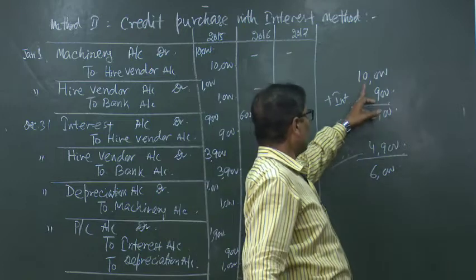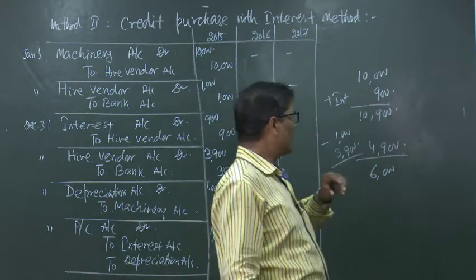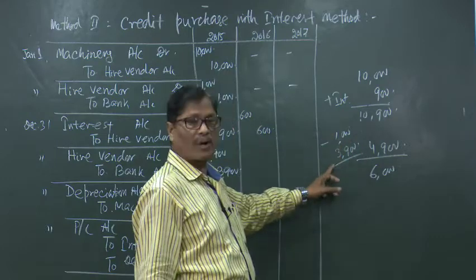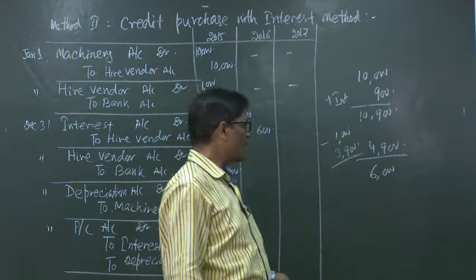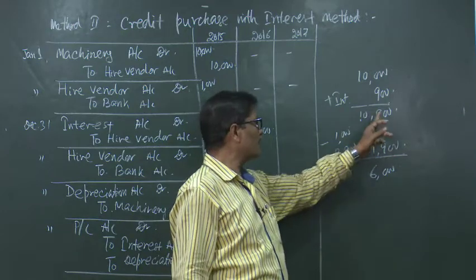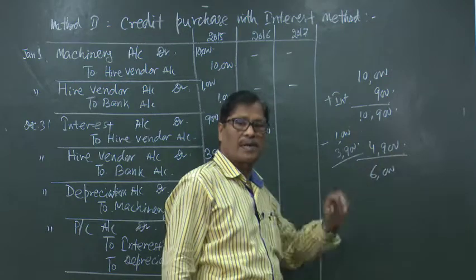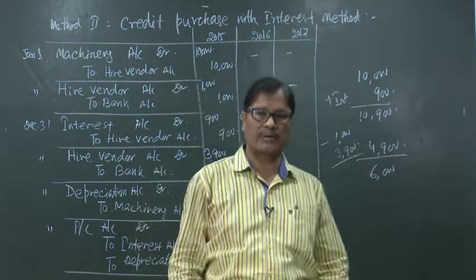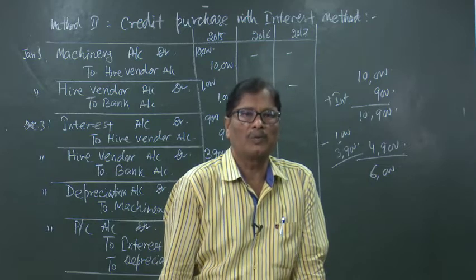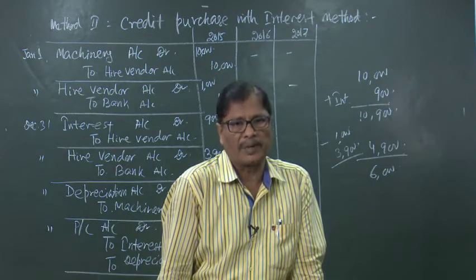So, 10,000 plus interest 900 in the first year, total 10,900. We have given the down payment 1,000 and 3,900 in the first installment. So, in total we have given 4,900. From 10,900, when we deduct 4,900, we get 6,000. That is the balance due at the beginning, to be paid to the hire vendor.